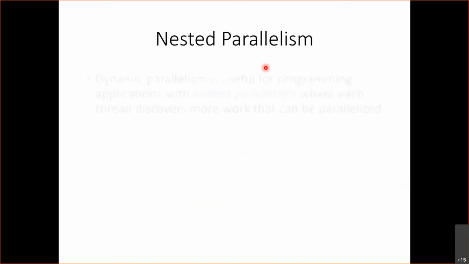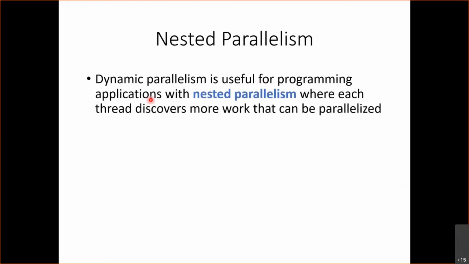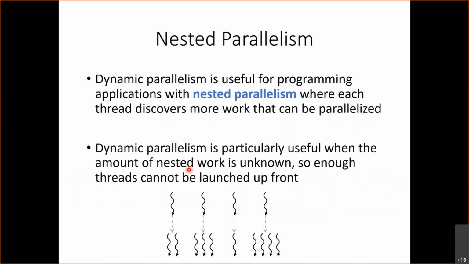So dynamic parallelism is useful when we program applications that have nested parallelism, where each thread discovers more work that can be parallelized as it executes. And like I said, it's particularly useful when the amount of nested work is unknown.